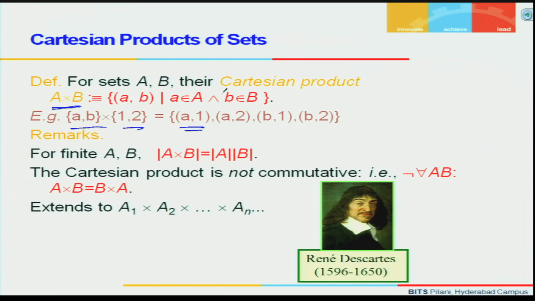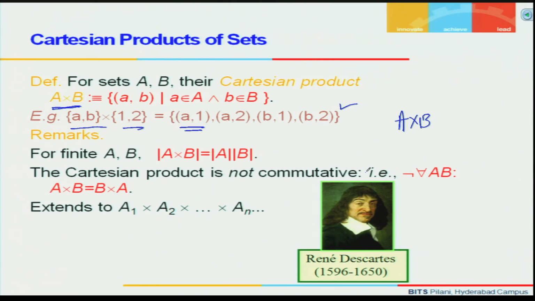It is obvious to find out how many elements are going to be there in the set A cross B. If you carefully observe, A cross B is going to be a set again, isn't it? It is a set of ordered tuples where each tuple contains the first element from A and the second element from B. So obviously this is a set.